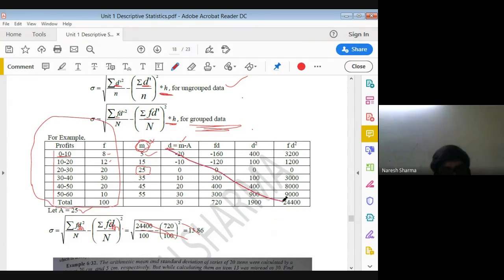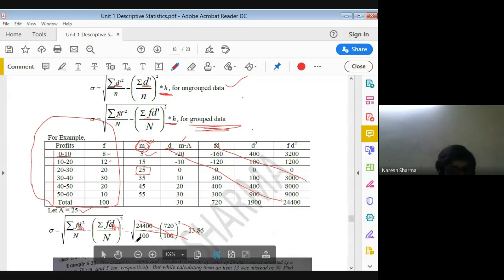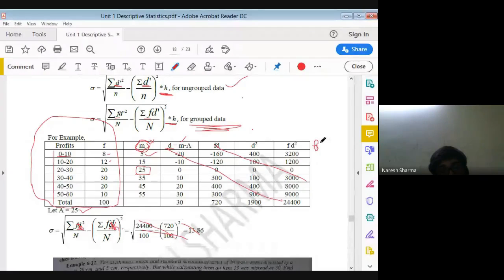I do not require this table. Now the formula is summation f m square by n, minus summation f m by n whole square, or you may say capital X here, the same things, right? So if we have x, now we require two columns, fx and fx square.